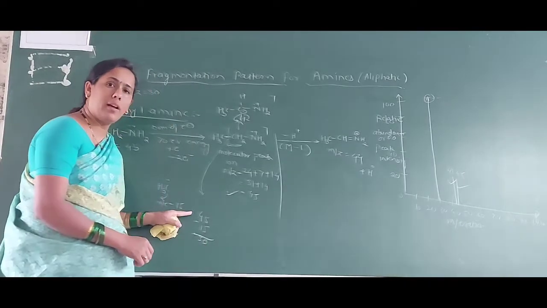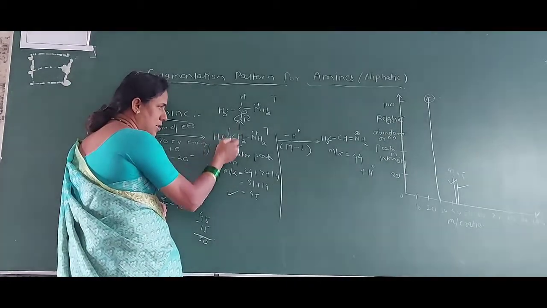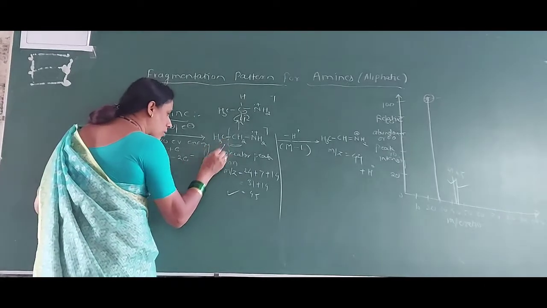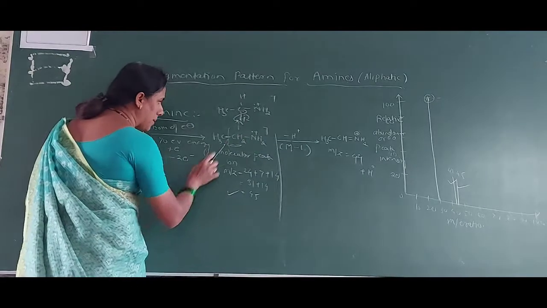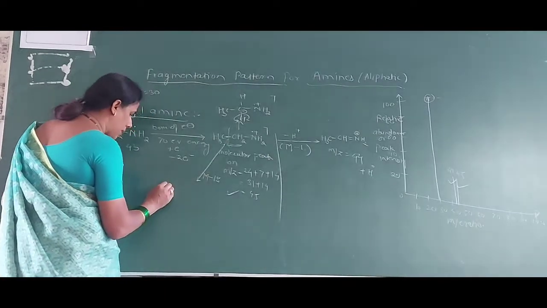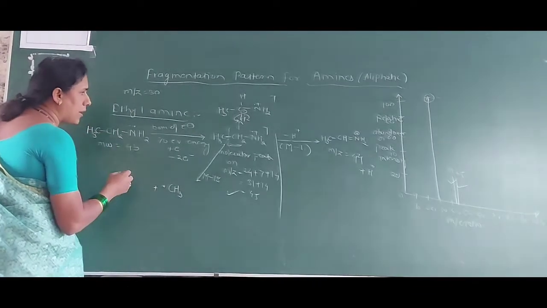That is equal to 30. That is, our suggestion is correct. Now we have to fragment this molecular ion in a second way. This is the first, this is the second, this is the third way. In what way? M minus 15. There is formation of a CH3 radical here. Now what do we have to get here?